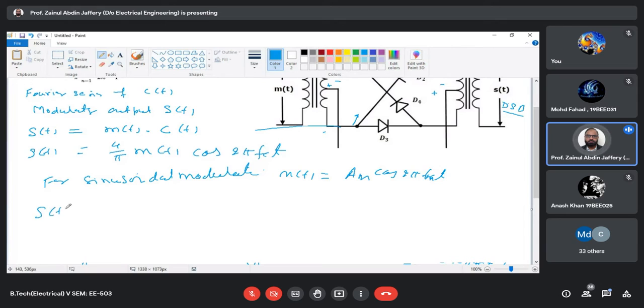So for this case you can have, this is 4 by pi, okay, और आपका आ गया, this is your AM cos 2 pi FMT into cos 2 pi FCT, right.